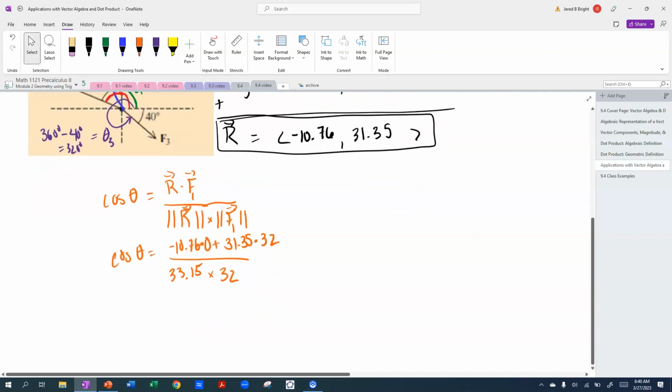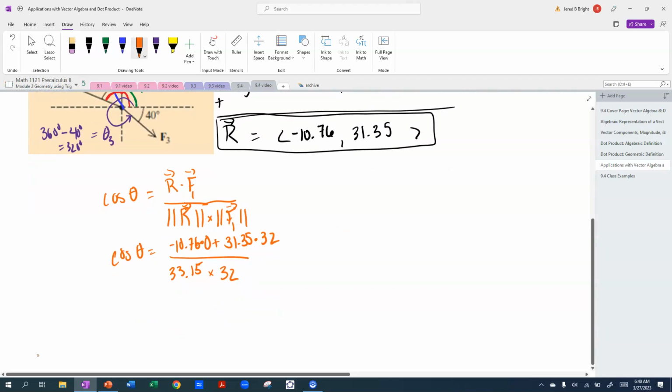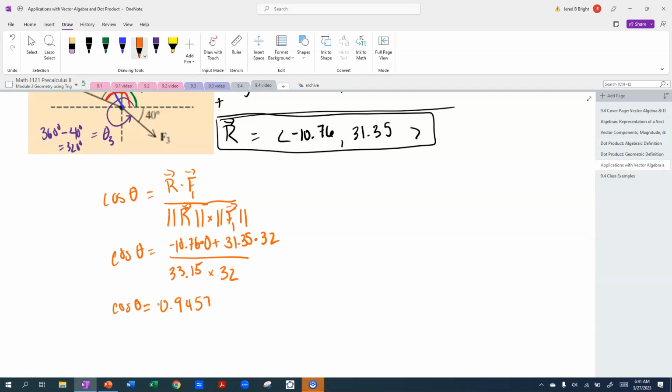Now, if I do the calculation here, I get that cosine theta is 0.9457-ish, so I'm rounding.